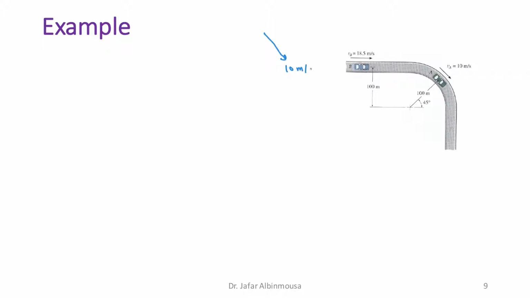This is 10 meters per second. If I draw the coordinate system over here, this is x positive and this is y positive. So basically I can have two components, positive x and negative y, to represent the 10 meters per second.